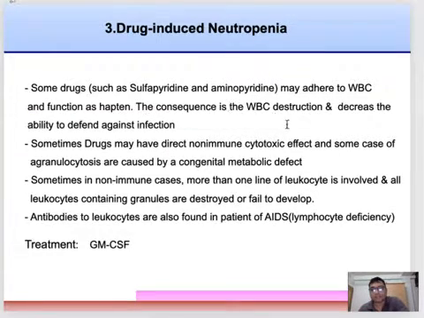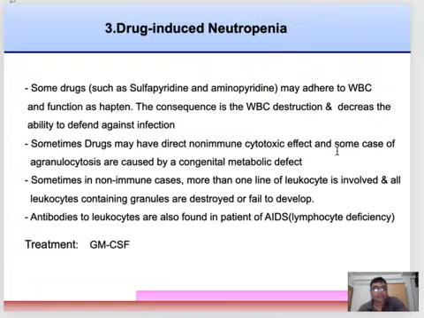The consequence is the destruction of white blood cells and a decreased ability to defend against infection. However, sometimes drugs can destroy white blood cells through an immune reaction, but sometimes they can cause a direct cytotoxic effect in a non-immune manner.